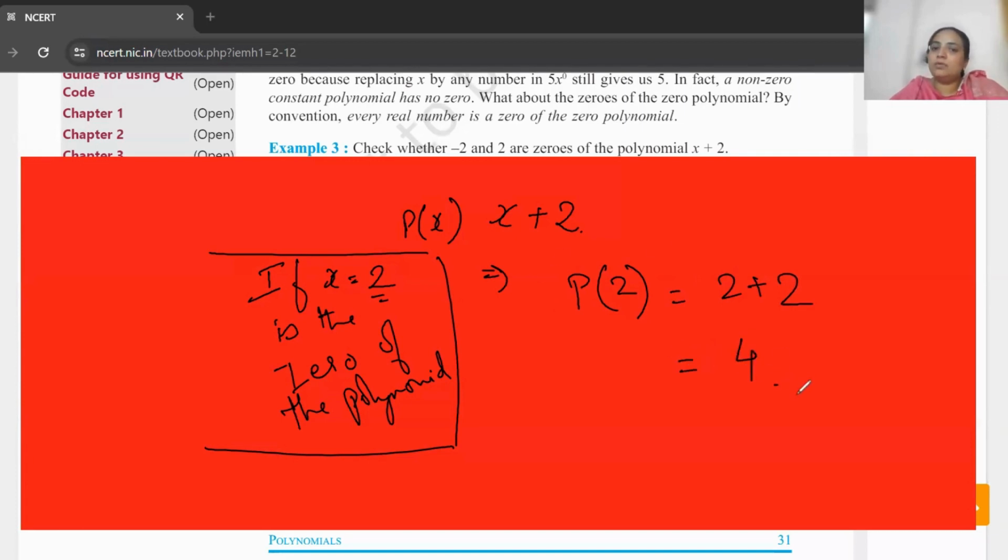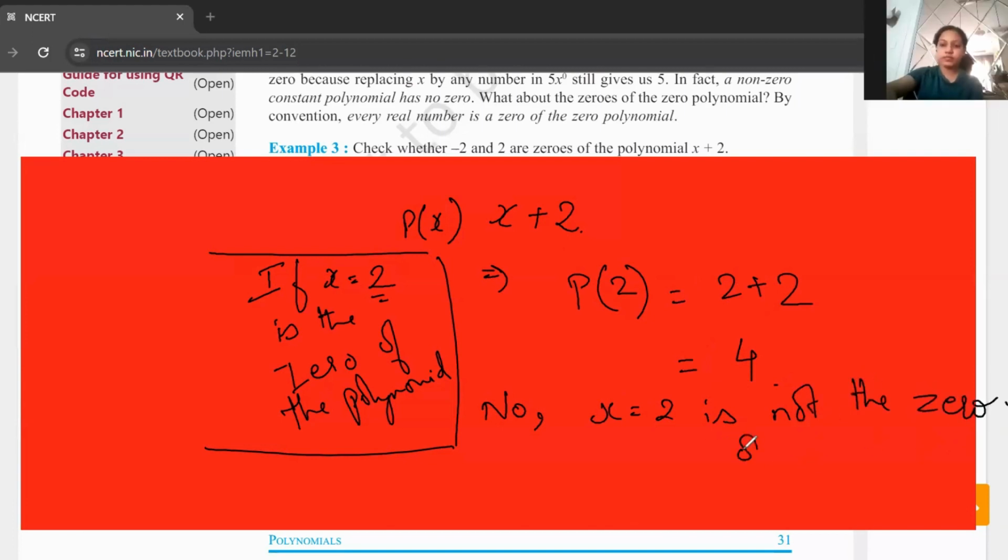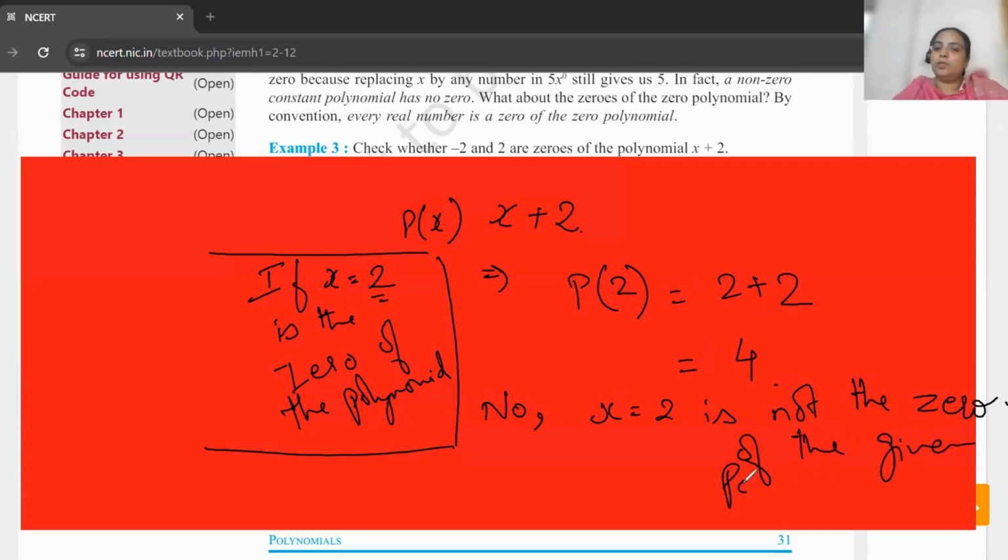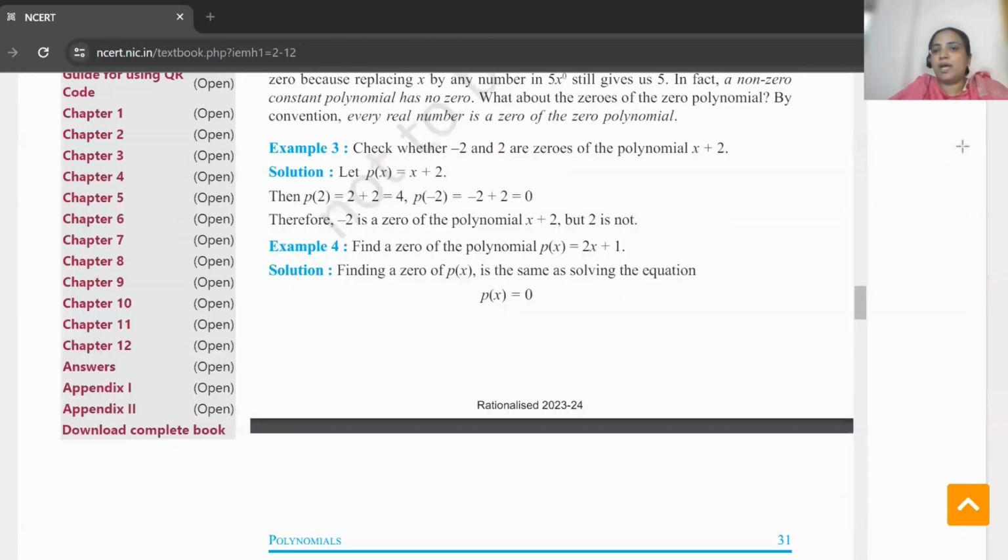Is it the zero? No. x equal to 2 is not the zero. Understood or not? You have to write the given polynomial along with it. Understood or not? Next one. Now checking if x minus 2.